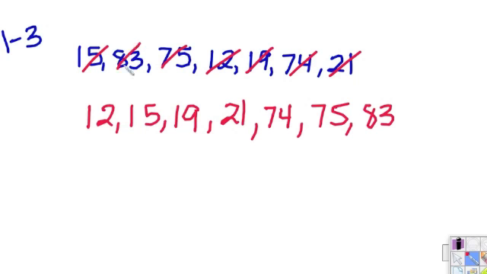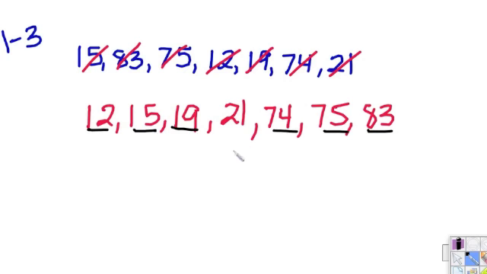With this set, I need to divide it into a lower area versus an upper area. Lower quadrant versus upper quadrant, or some people call them quartiles. Instead of crossing them out like I did when finding the median, I don't want to cross out the numbers. I'm going to underline them. So 12 for 83, 15 for 75, 19 for 74.